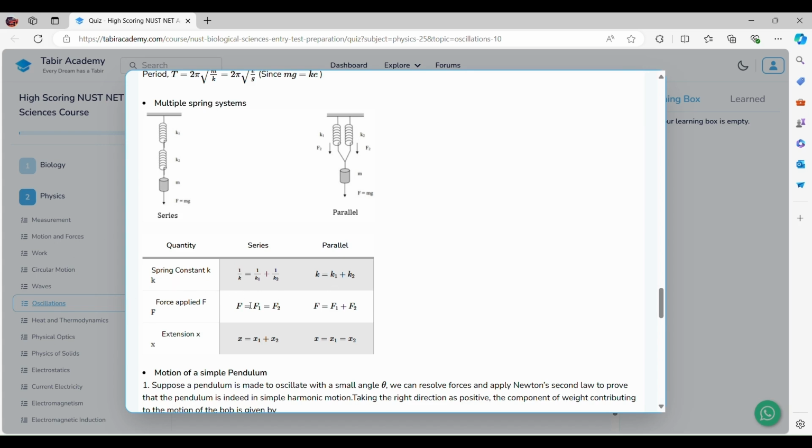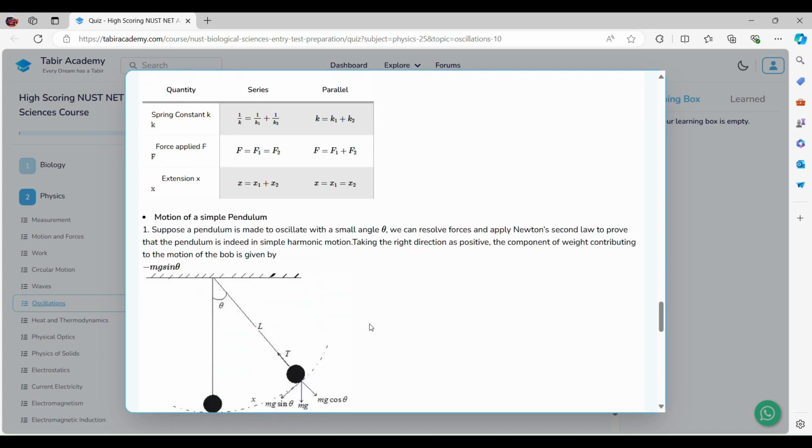Force applied: in series F equals F1 equals F2, but in parallel F equals F1 plus F2. Extension in series is x equals x1 plus x2, and in parallel x is equal to x1 and is also equal to x2.